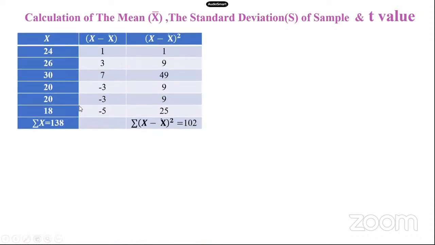of the mean, that is the x bar, the standard deviation of sample, and lastly t value, which will be compared with the table value of t. So here firstly put the samples in x: 24, 26, 30, 20, 20 and 18.